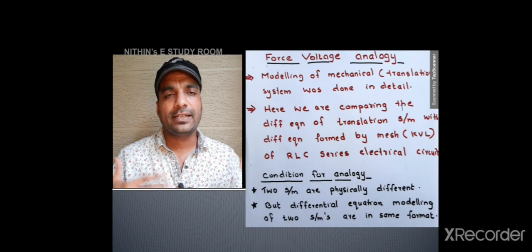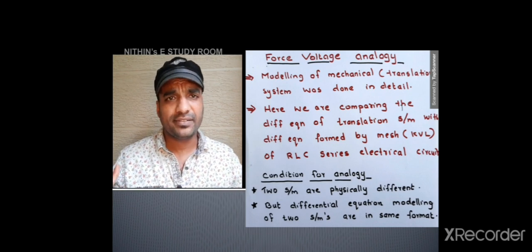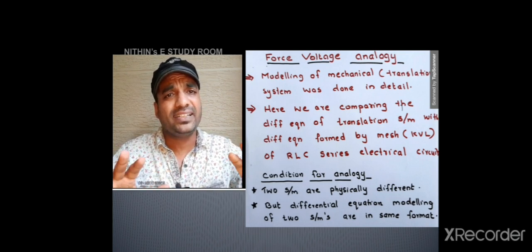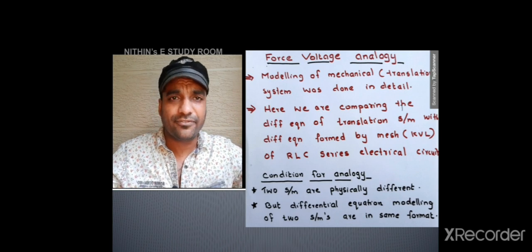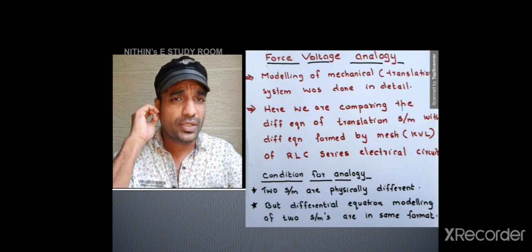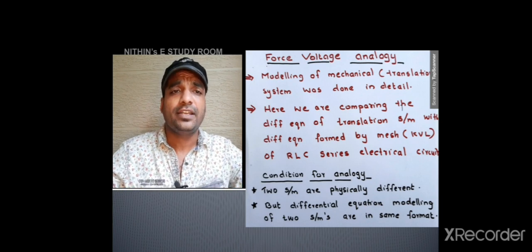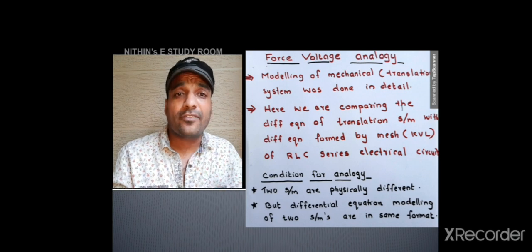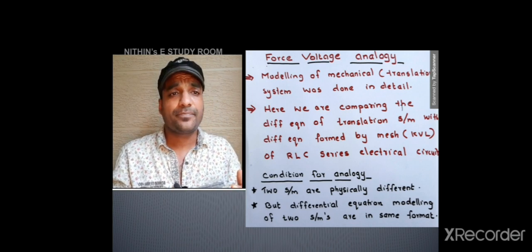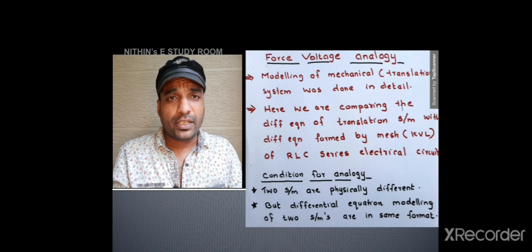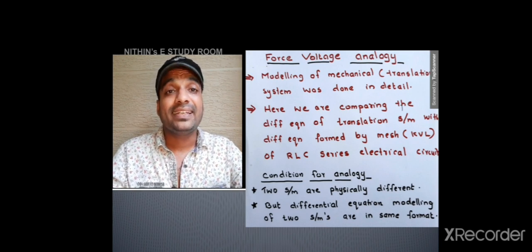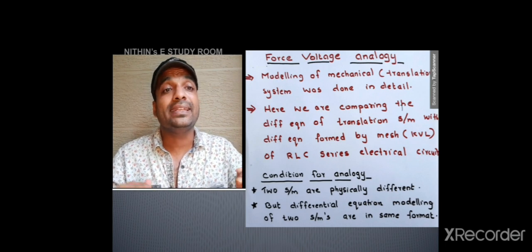Analogy means we are talking about two different quantities or two different physical phenomena, and these two are physically placed in different domains. These two quantities or phenomena are physically entirely different. But if we are developing the differential equation, or modeling the two different systems, then the differential equation should be in the same format.